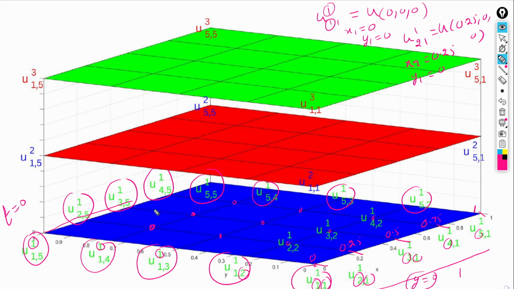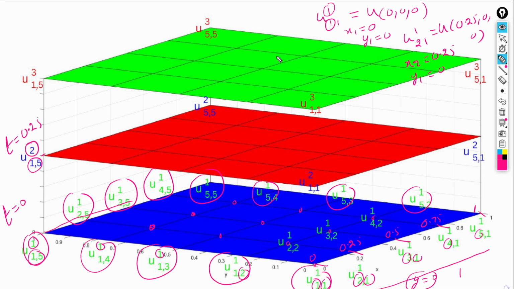In the red plane, you can see this is the next level, when t is equal to 0.25. These values correspond to this place also. The grids you can see in the blue plane, the red plane, and the green plane are all identical, but only the function value will change.